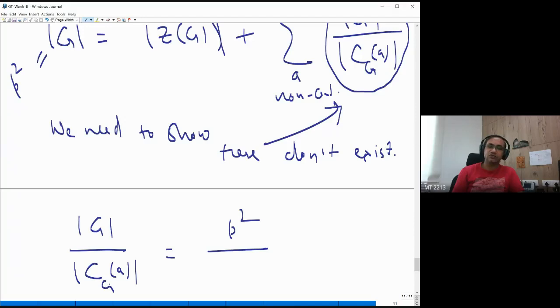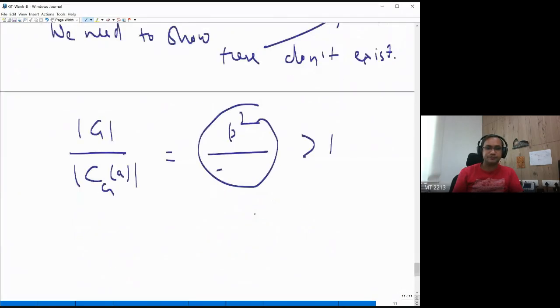The centralizer of A in G is always a subgroup, and a subgroup's order divides the order of the group G. So the centralizer order is either p or p square, if it is supposed to be greater than 1. Is this clear? Then this number is a multiple of p.